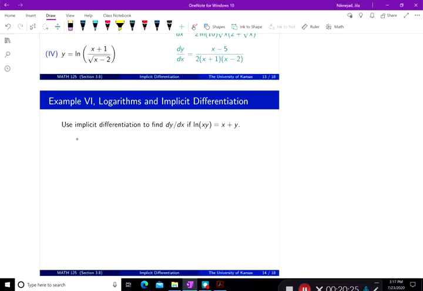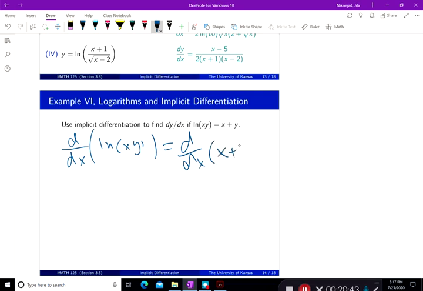So d/dx of natural log of xy equals d/dx of x plus y.